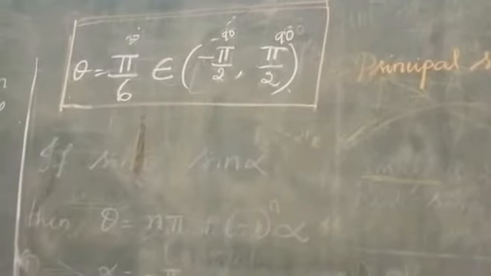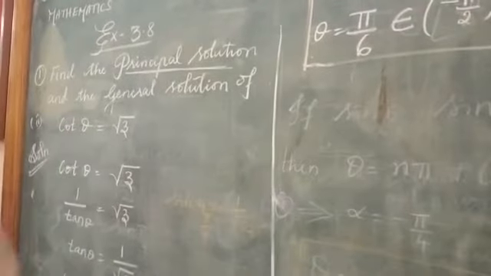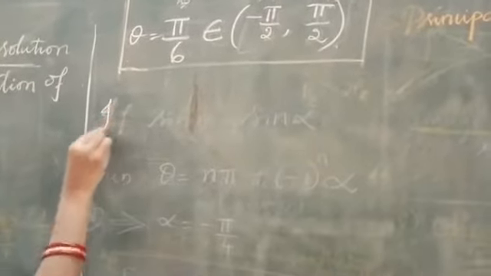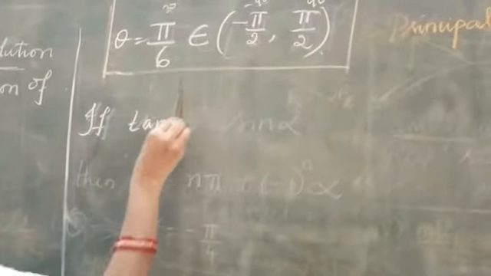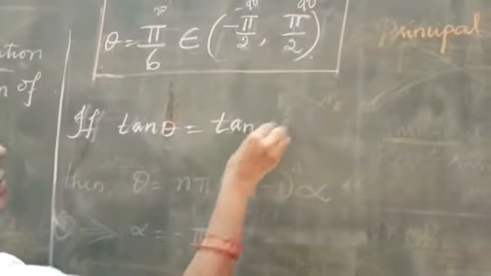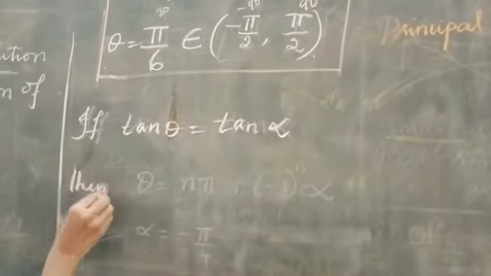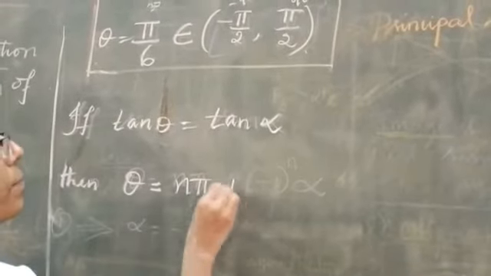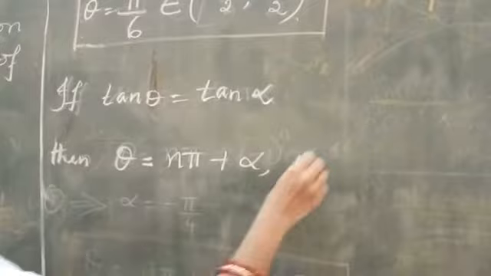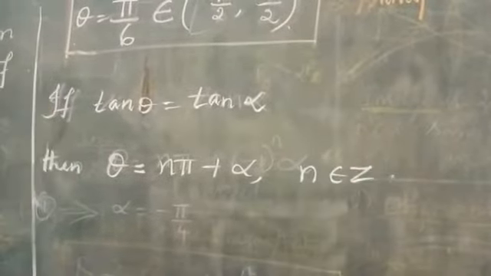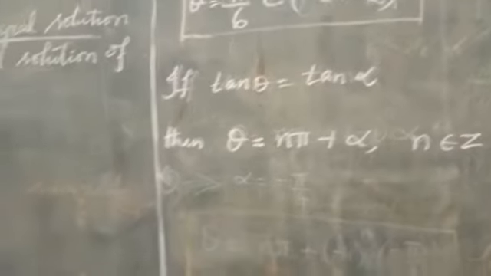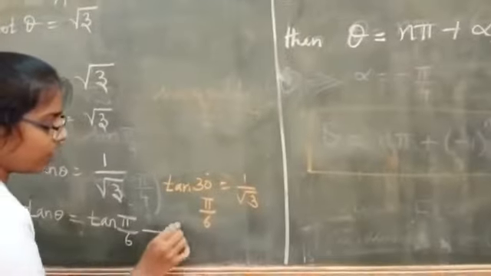Next we have to find the general solution for cot theta is equal to root 3. You know the formula. If tan theta is equal to tan alpha, then theta is equal to n pi plus alpha, where n belongs to z. In the previous sum also you have to write n belongs to z. Now make this one as equation 1.